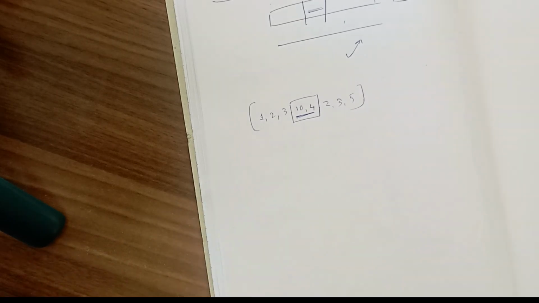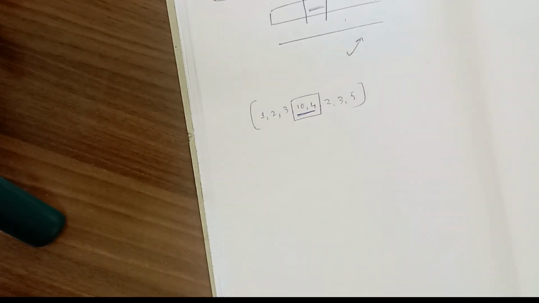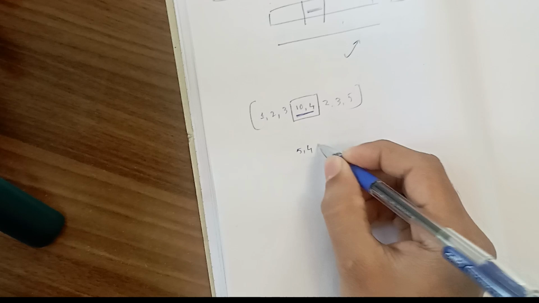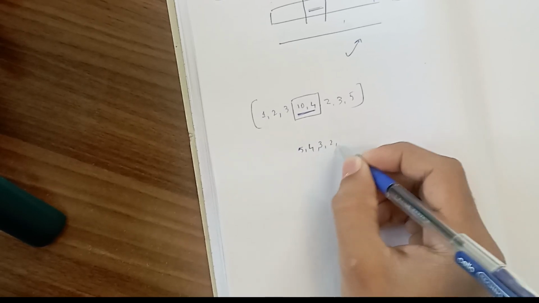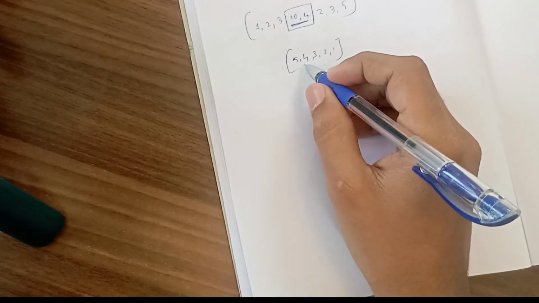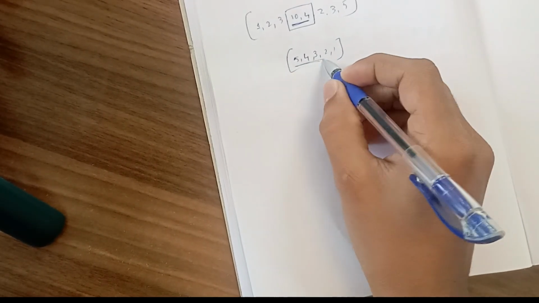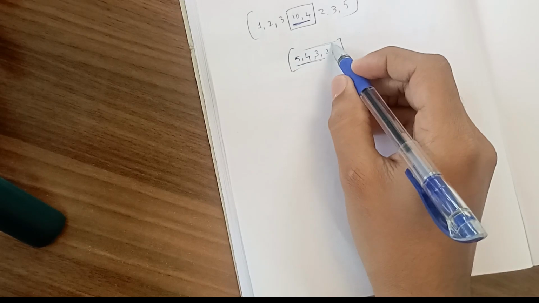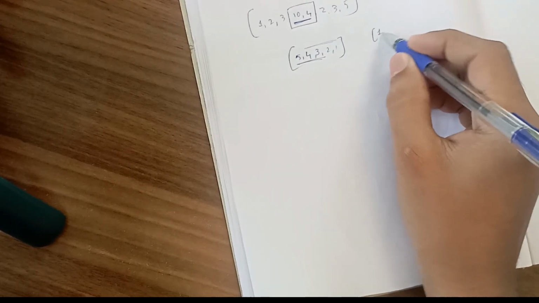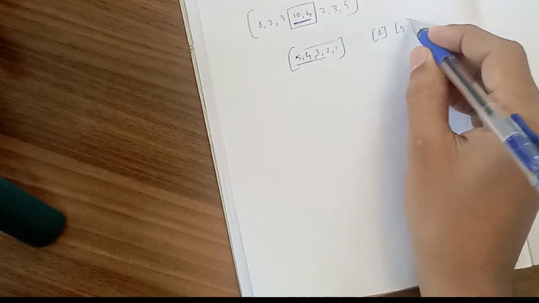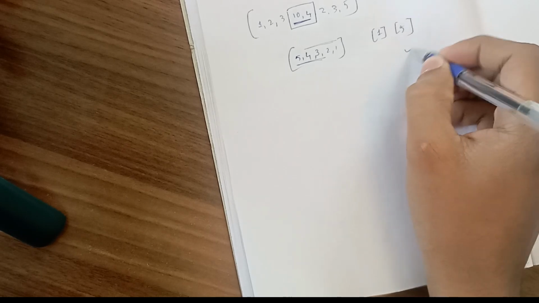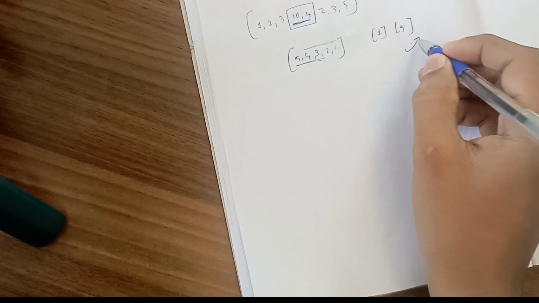We are also given another example: 5, 4, 3, 2, 1. In this we need to remove 5, 4, 3, 2 or 4, 3, 2, 1 to make the array 1 or 5. It is a non-decreasing array.